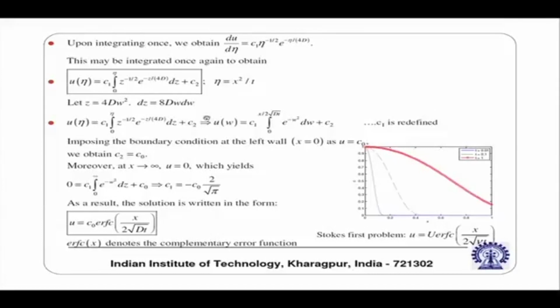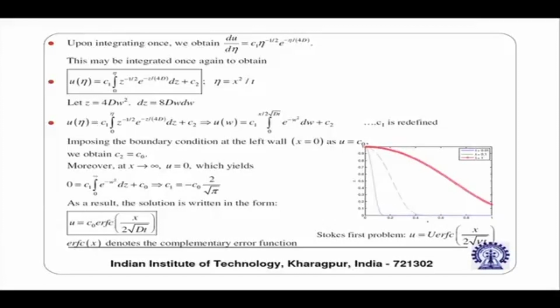So what are the boundary conditions that you need to use? At x equal to 0, u equal to C0, that is the specified concentration boundary condition. For fluid mechanics Stokes first problem, that is u equal to u0, the impulsively started plate velocity, and at x tends to infinity u equal to 0.